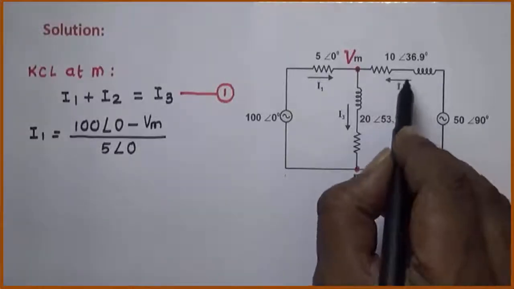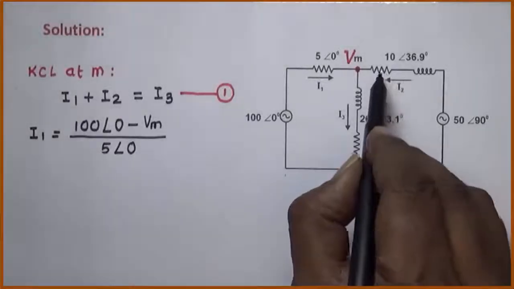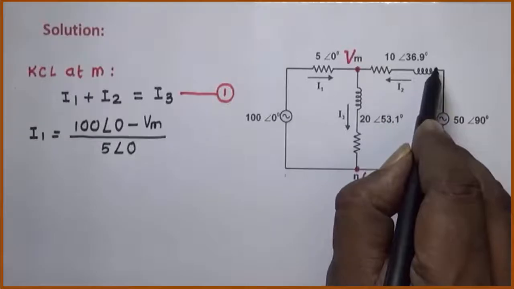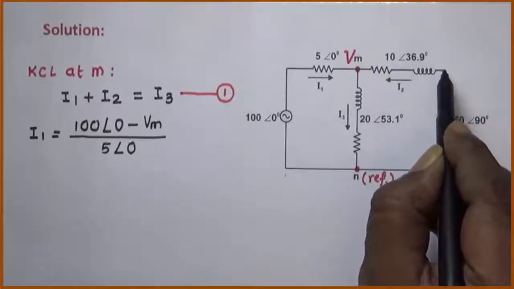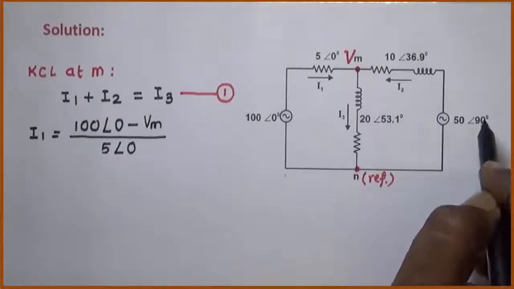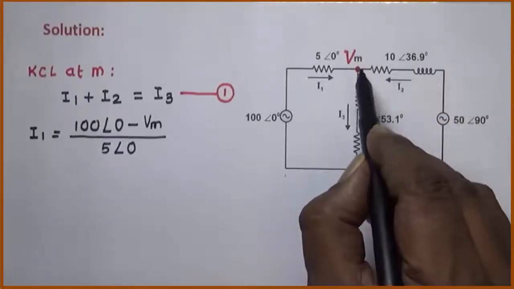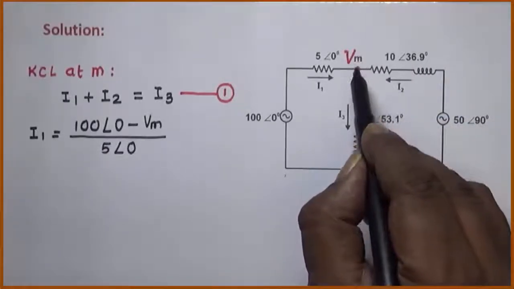Now for current I2. Current I2 is the current flowing in this branch of 10 angle 36.9. One terminal of this branch is connected to this 50 angle 90 and the second terminal is connected to Vm.